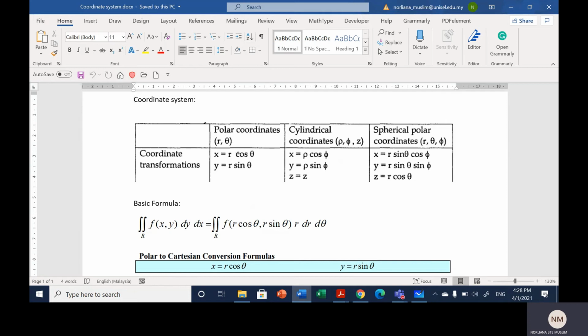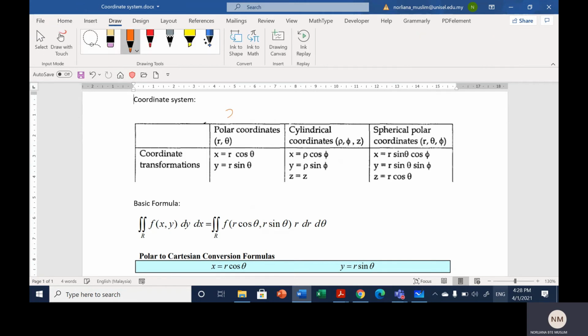The one that I showed to you in this slide is polar coordinate. This is actually an example of a two-dimensional coordinate system. So this is 2D. Okay, this is 3D. And this is also 3D. We have exactly XY as Cartesian.